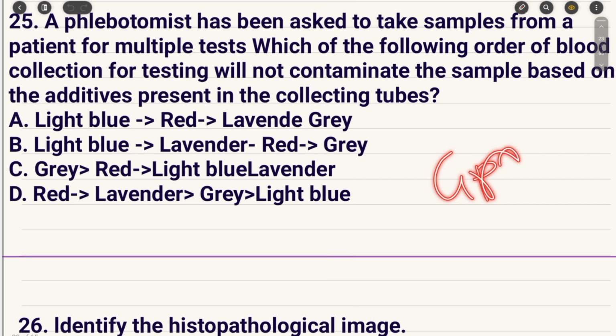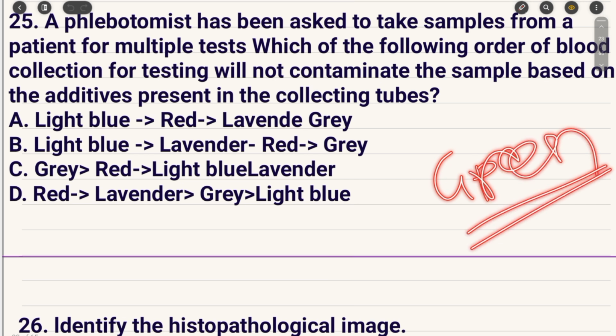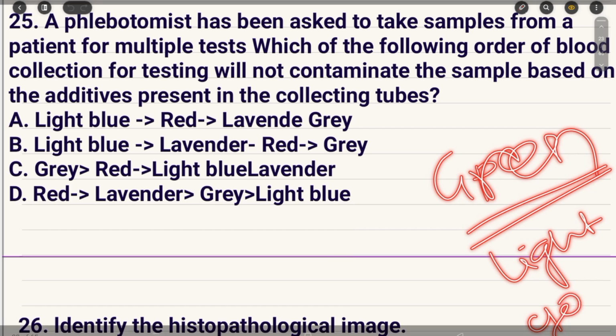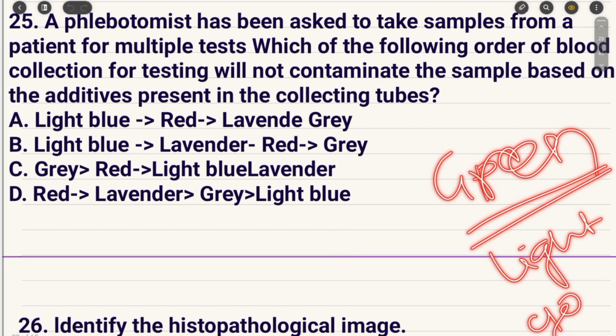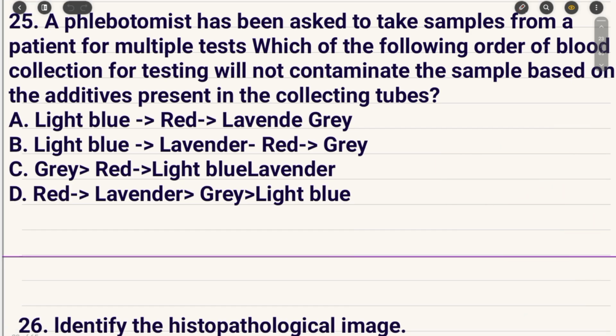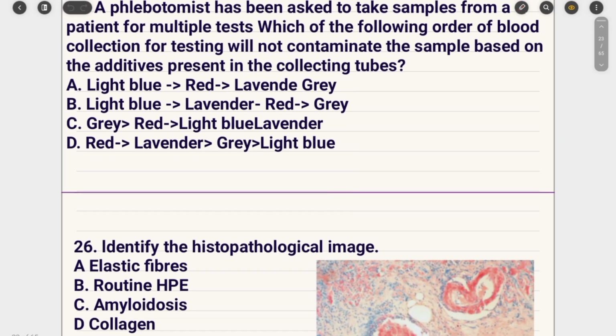If there is a green signal, you will go, right? So green is not given in the option. Next is lavender, and gray. So the first option is the correct one.